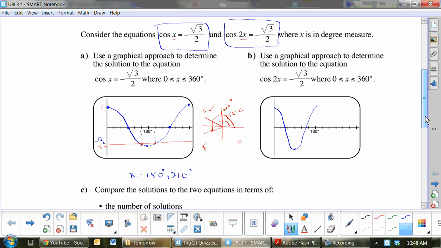Then that's going to repeat again, go through there, be down here, come through there, and we've got negative root 3 over 2 there.